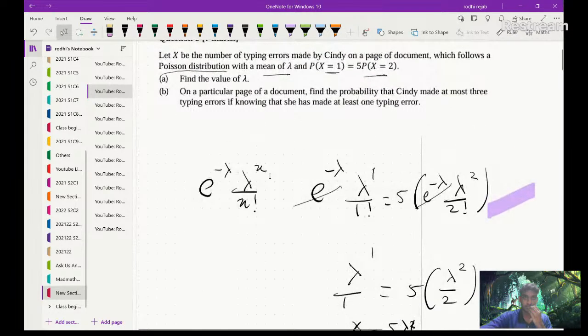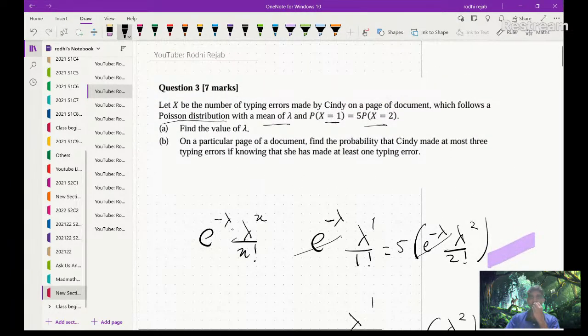And for B, a particular page of the document, find the probability that Cindy has made at most 3 typing errors, knowing that she has made at least 1 typing error. So this is the probability they're asking.